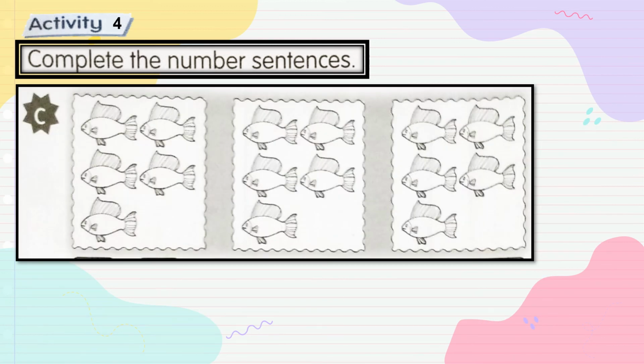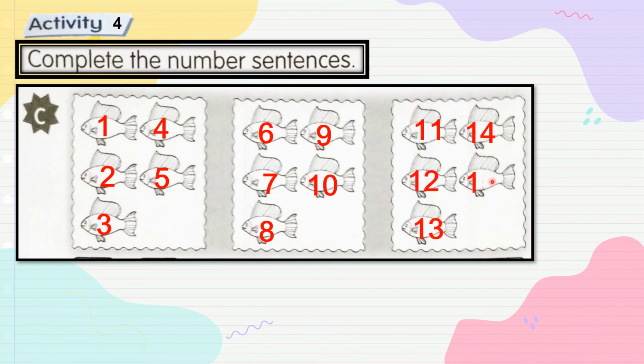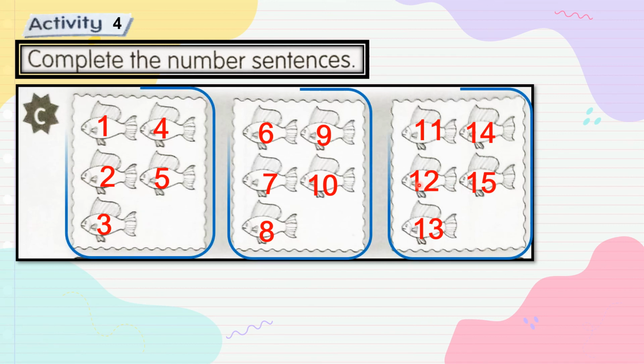C. Look at this picture. How many fish are there? Let's count. 1, 2, 3, 4, 5, 6, 7, 8, 9, 10, 11, 12, 13, 14, 15. There are 15 fish. How many fish in each group? Yes, 5.